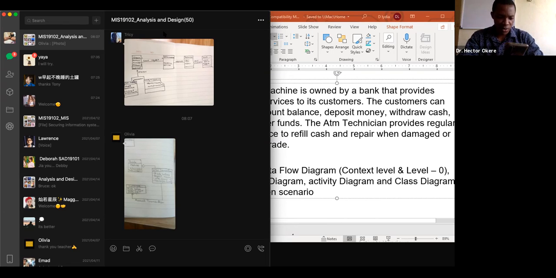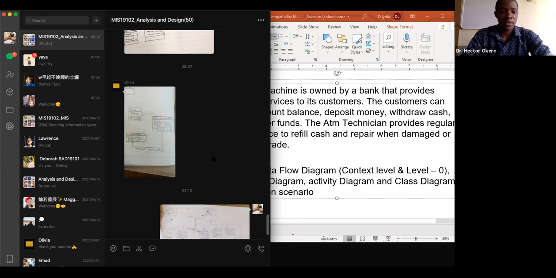Let me share mine with you, and we can discuss it. So all of you should open my class diagram. It's a little bit complicated, but yours don't have to be like mine, okay? Just understand the concept.